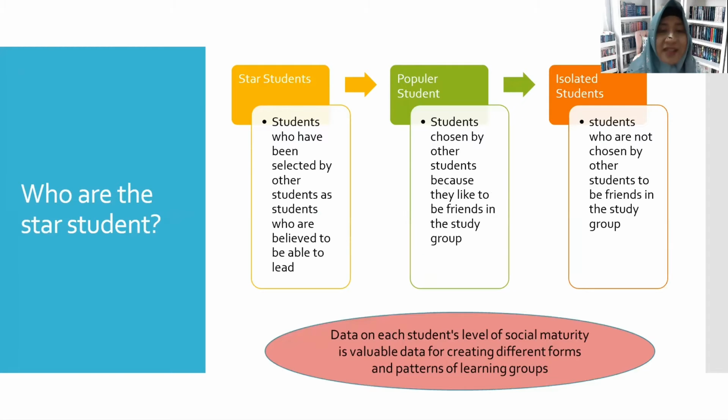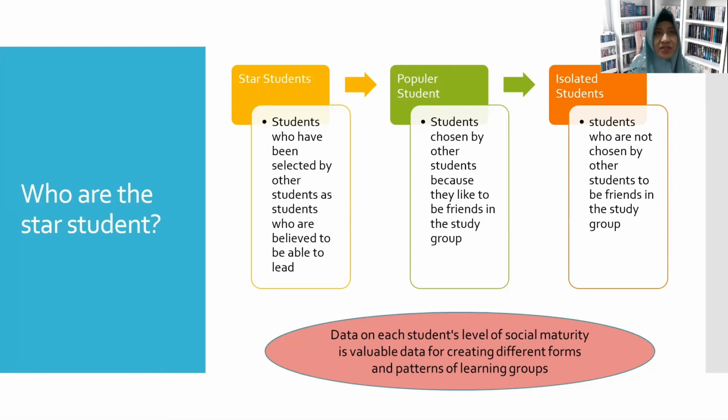And who are the star students? To understand star student, first I explain the popular student and isolated student. Popular students are students chosen by others because they like to be friends in the study group.